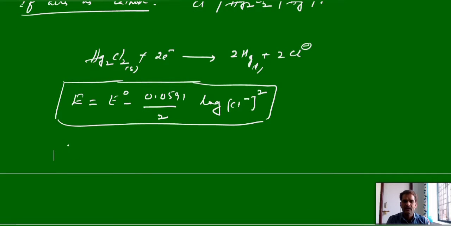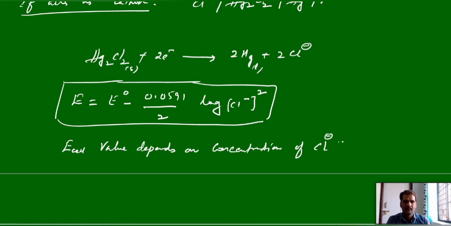So here the cell EMF, the E cell value, depends on the concentration of Cl minus ions.